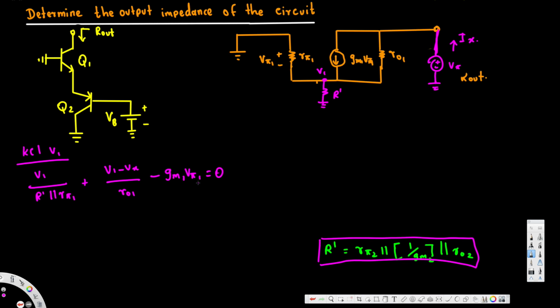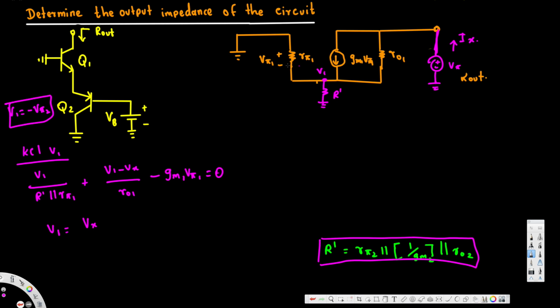Now from this we can simplify for V1, which is going to be in terms of Vx. Here we just have to take V1 common and move the rest to the other side. Also, V1 is equal to negative Vπ2. That's another thing to remember.